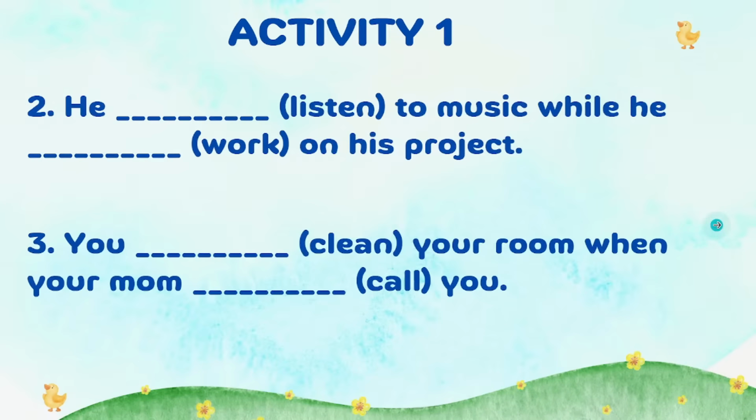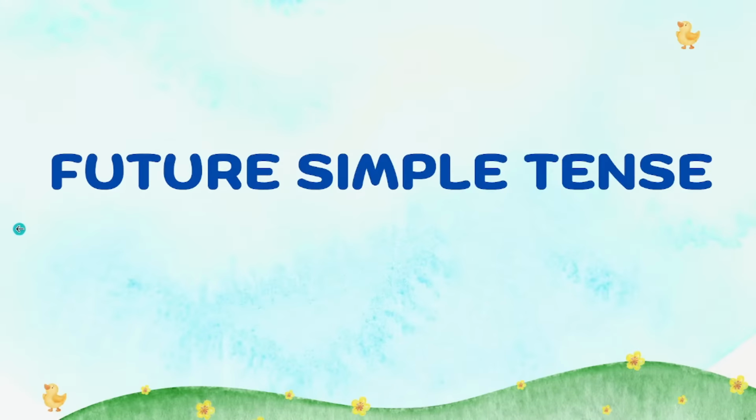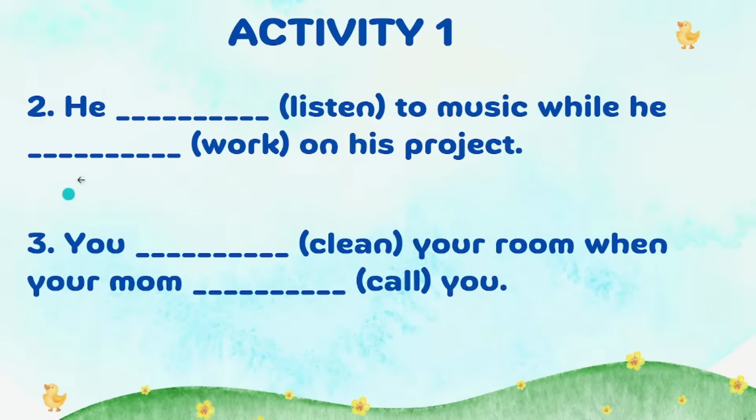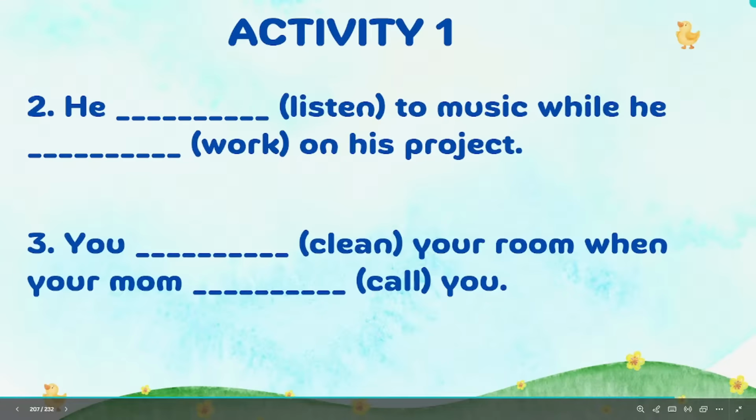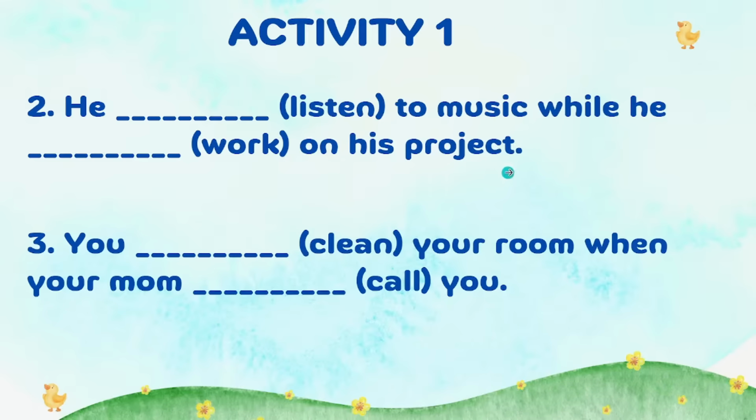Okay? Next. He was listening to music while he was working on his project. Wait one moment. Okay, he was listening to music while he was working on his project.